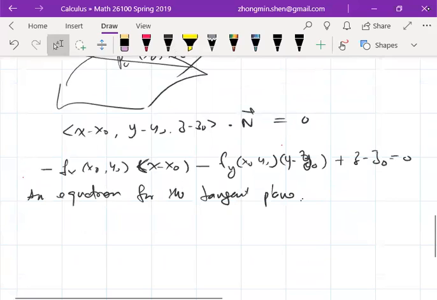I have another way to describe the plane, but let's do some exercises from the book. We have the formula. I think the formula is not proved in the book, but it's okay, I explained it to you already. This is a course for engineering and math major students. Since we only have a very small number of math majors, we don't have another special course for that. Math majors should know how to derive the formula for the tangent plane.